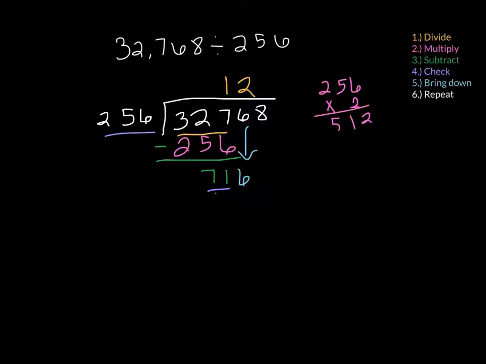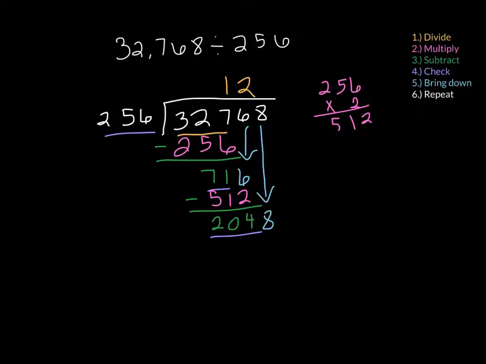And that would be 512. Subtract. We get 204. Check it. 204 is smaller than 256. It's not much smaller, but it is smaller. So we can now bring down the 8 and divide again.